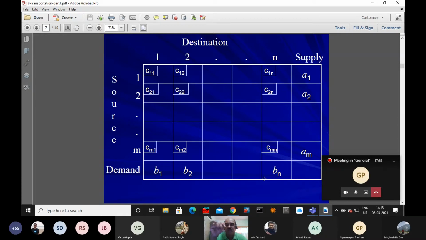For the ith row, jth column cell, the transportation cost is Cij and the decision variable is Xij. It can be 0 or positive; in fact, it is a non-negative integer.